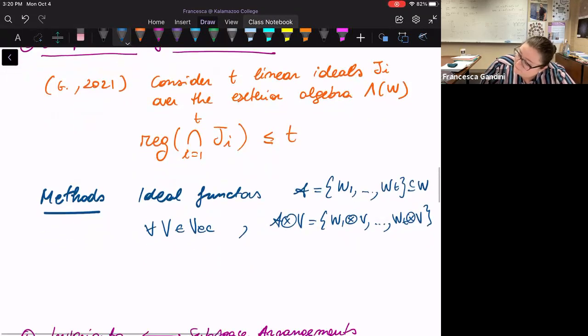And not only is it a functor, but it is a polynomial functor. So this ideal A, for V, is the intersection of these vanishing ideals.